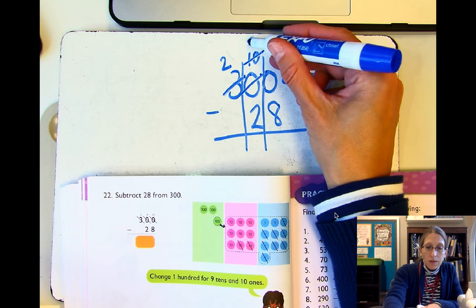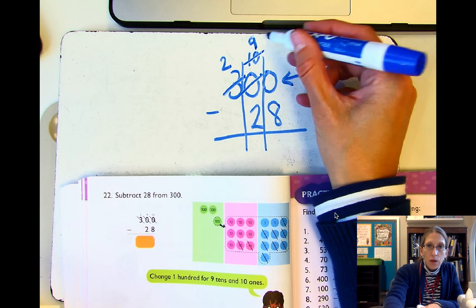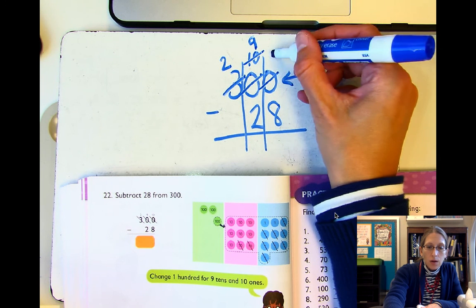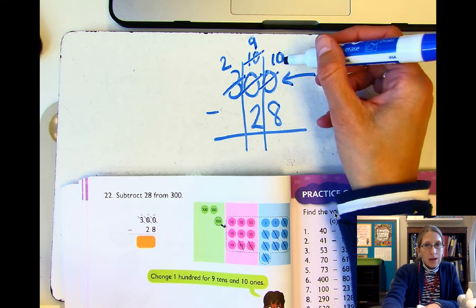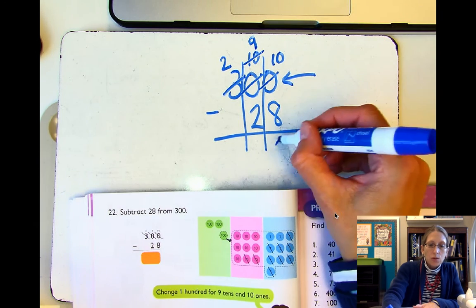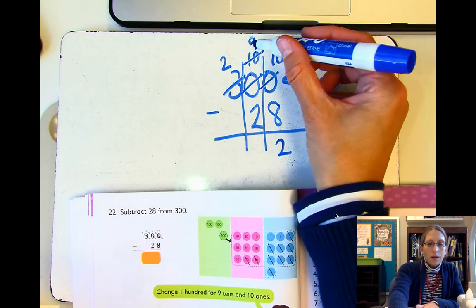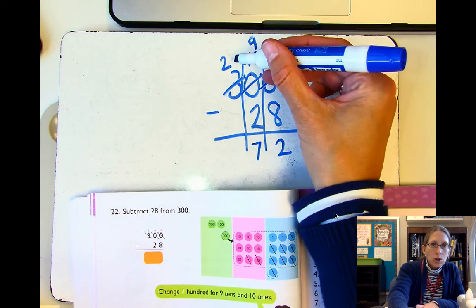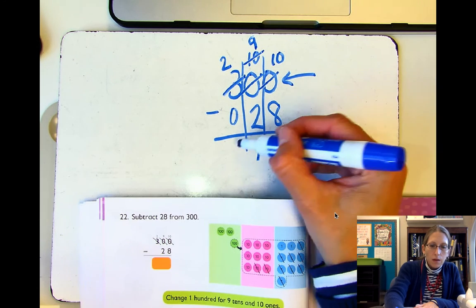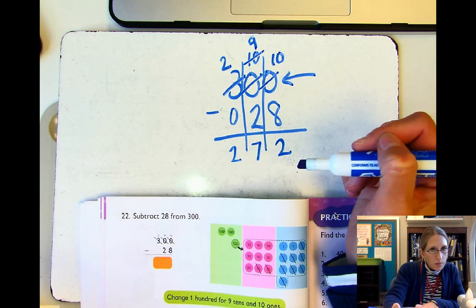So I'm going to make this a 9 because I'm moving one of the tens over here to the ones place. Now I can do 10 minus 8 is 2. 9 tens minus 2 tens is 7 tens. And 2 hundreds minus nothing is 2 hundreds.